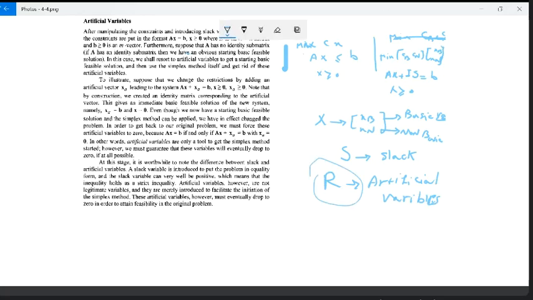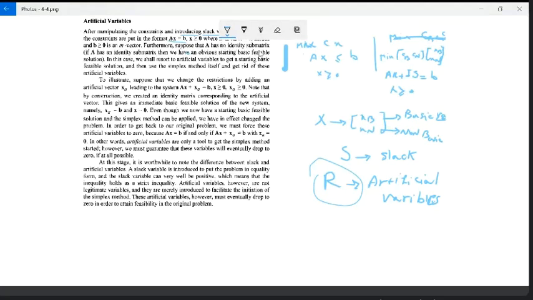After manipulating the constraints and introducing slack variables, suppose that the constraints are put in the format Rx equal to b, where R is an m by n matrix and b is greater than or equal to 0, and b is an m vector. Furthermore, suppose that R has no identity submatrix.